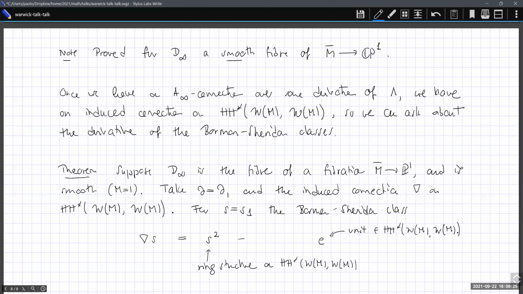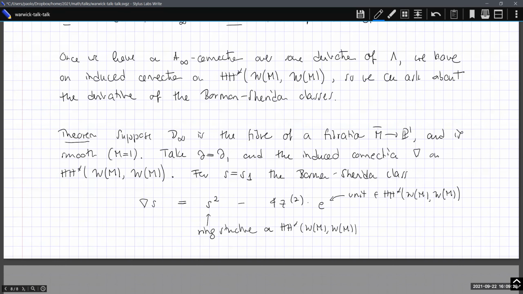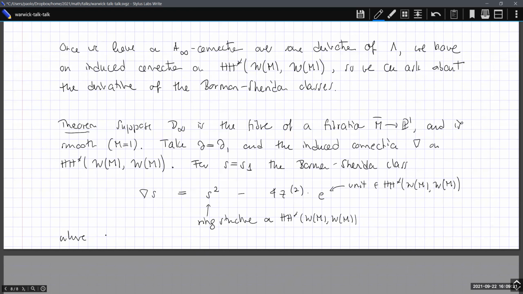This is a very strange formula, where Z2 in lambda bar counts rational curves with C1 of M bar times the curve equal to 2, through a generic point.